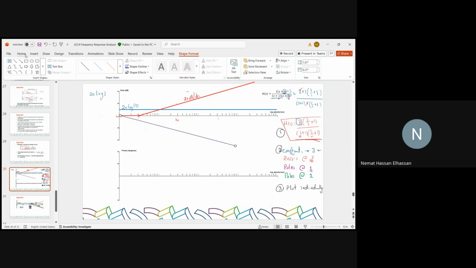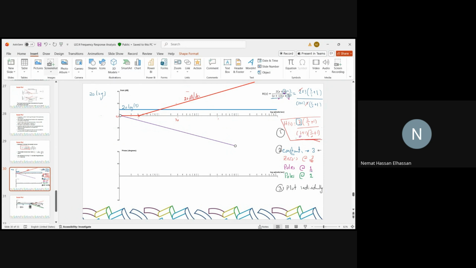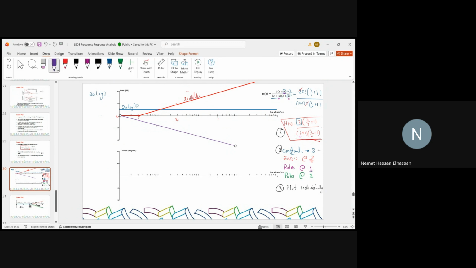And this is dropping with a rate of negative 20 dB per decade. Prior to that, it is 0. By the way, prior to that it would be 0.1, 0.2, 0.3, all the way until we get to 1. So that is the prior values.